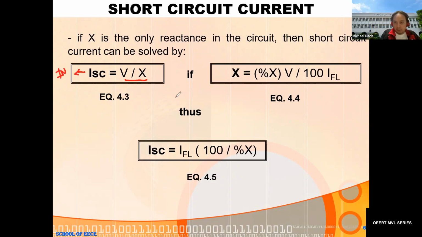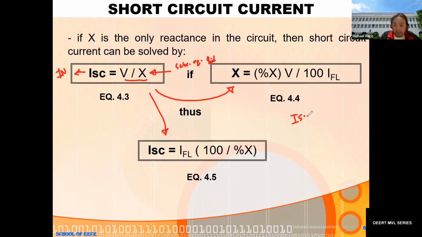But in this case, we can use equation 4.1. And then you can substitute here at X equation 4.1. Now, it will yield, with this equation 4.1, it will become like this. And then it will yield with this formula here.